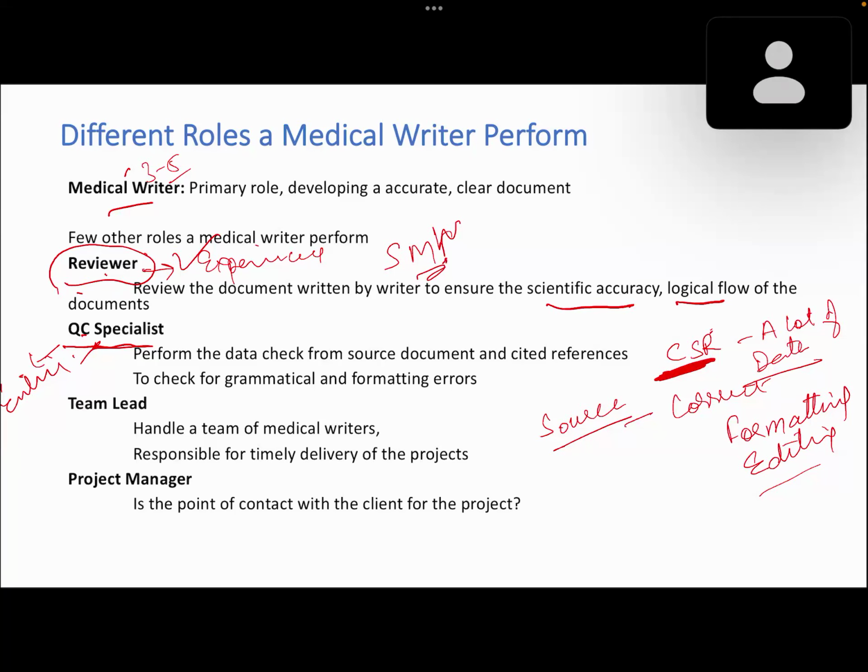Here, the moment you reach 4 to 5 years of experience in medical writing, your package will be a lot better, more than 15 lakh. Even medical writers within 1 or 2 years of experience, if you are good, reach 6 to 7 lakh easily. So growth in medical writing, what I have seen is fabulous, miraculous growth.